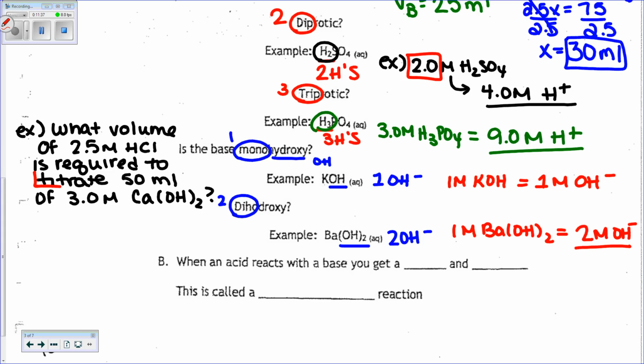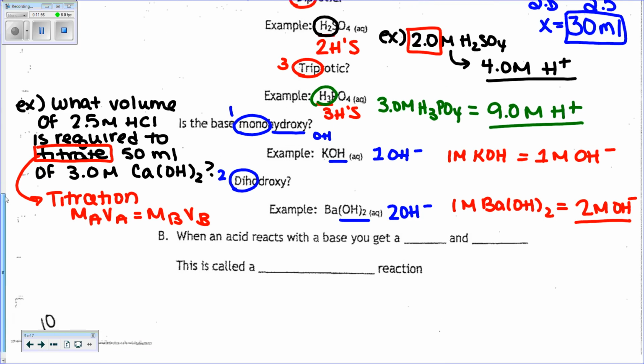Well, I see this word titrate. That's a lot like titration. So I'm going to try to use MAVA equals MBVB. Let's go through and see all the things that I have.